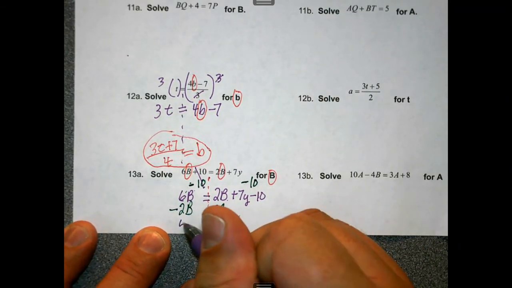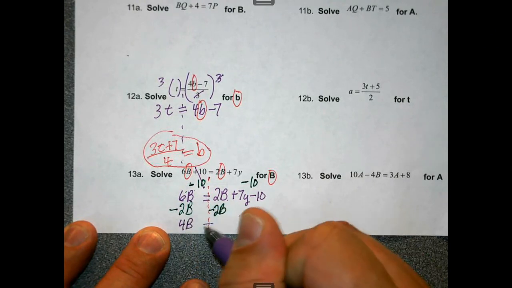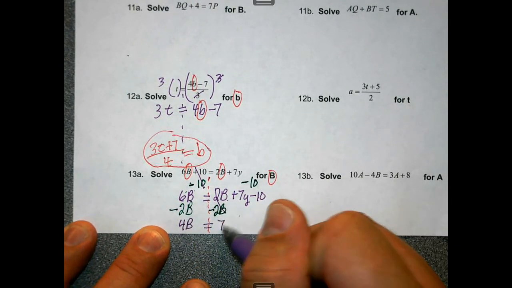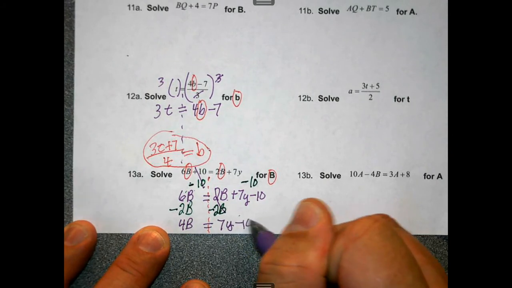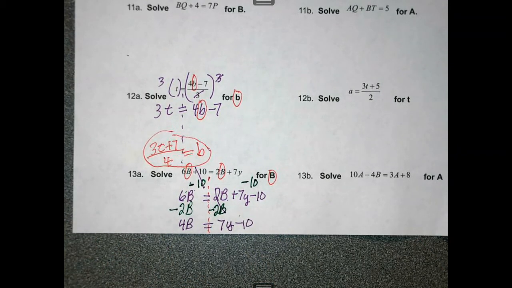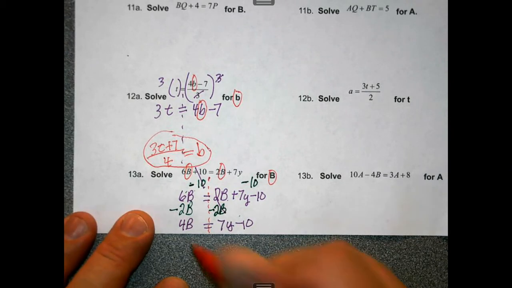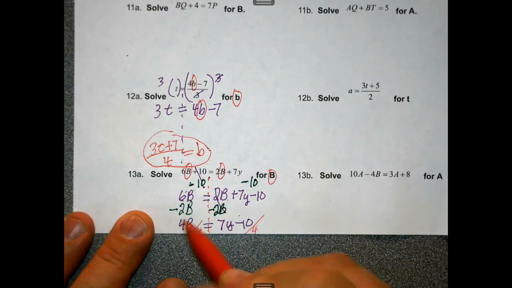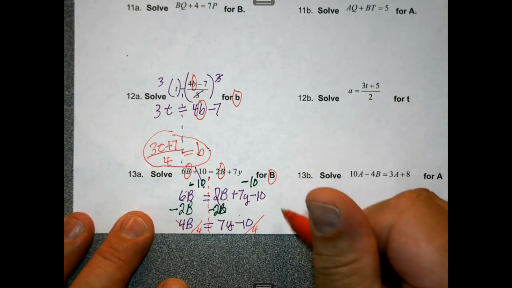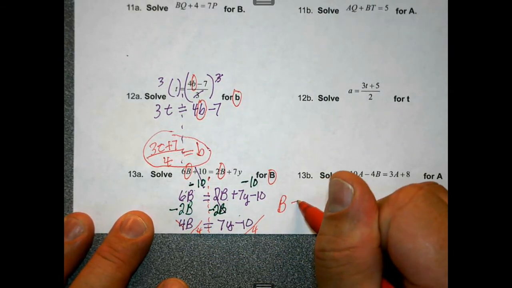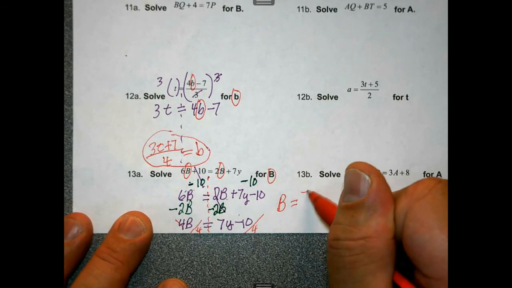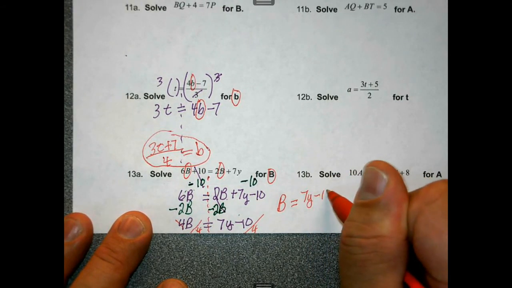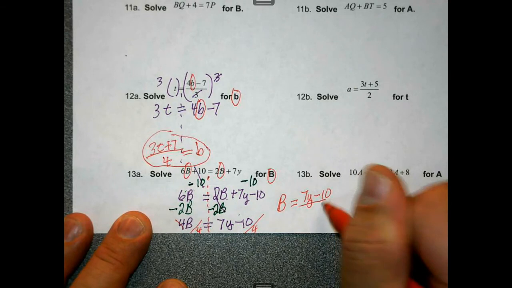I get 4b equals 7y minus 10. And then divide both sides by that 4, right? 4's cancel. I get b equals 7y minus 10 divided by 4.